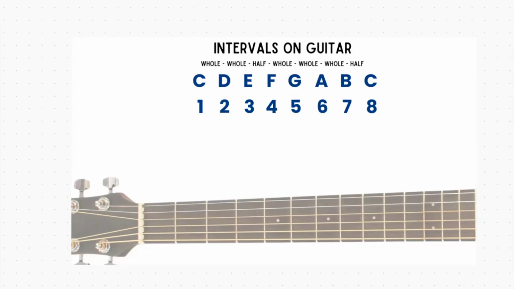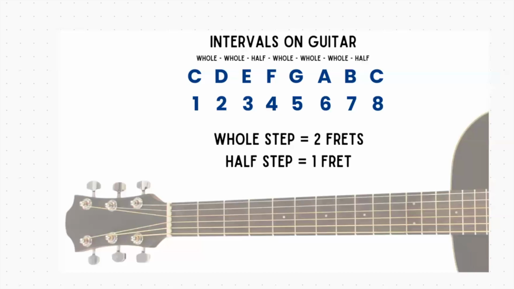The first one, the most common one that you've probably already heard of, is an octave. In case you haven't watched the How Scales Are Made video, I go over whole and half steps there, but very quickly: a whole step is between two frets.